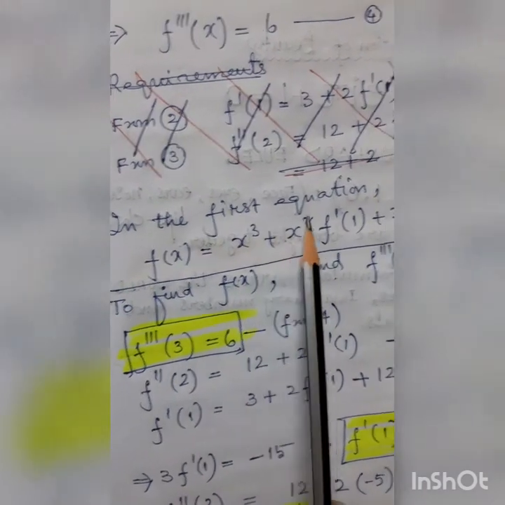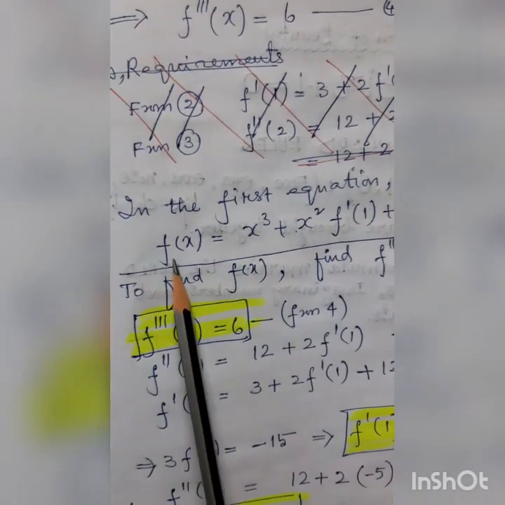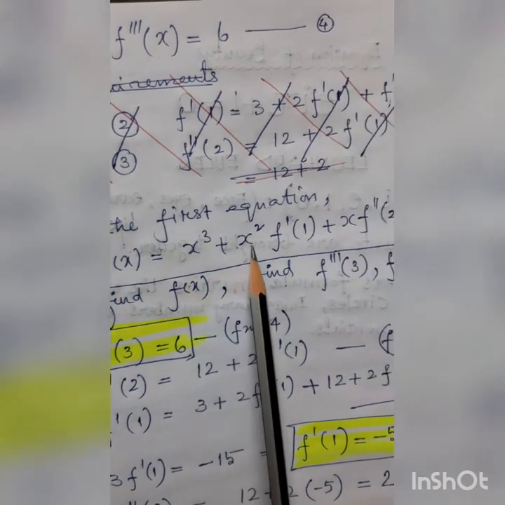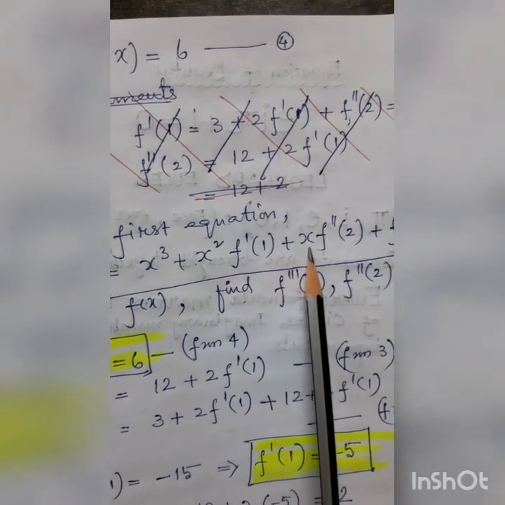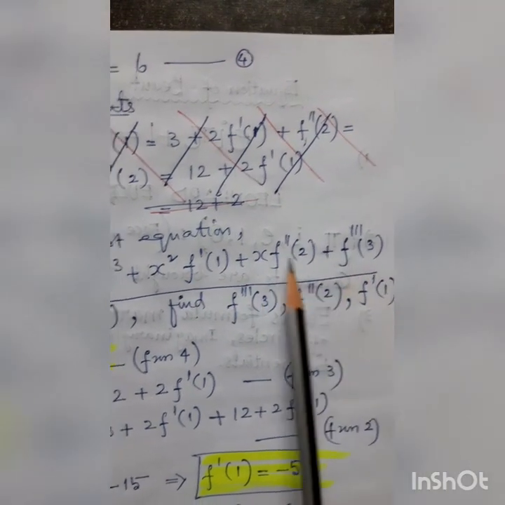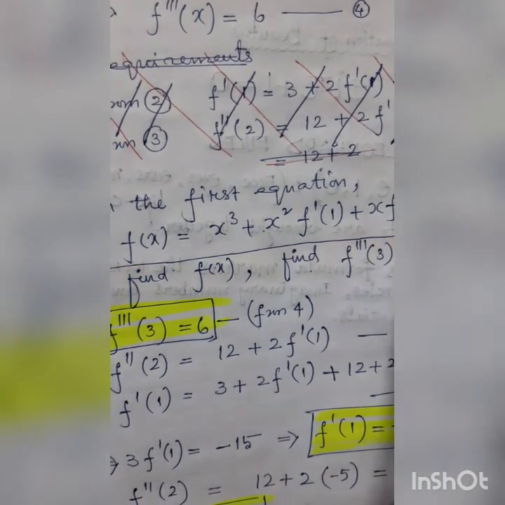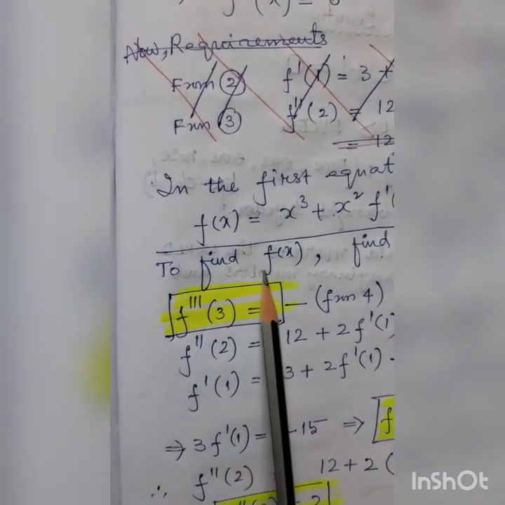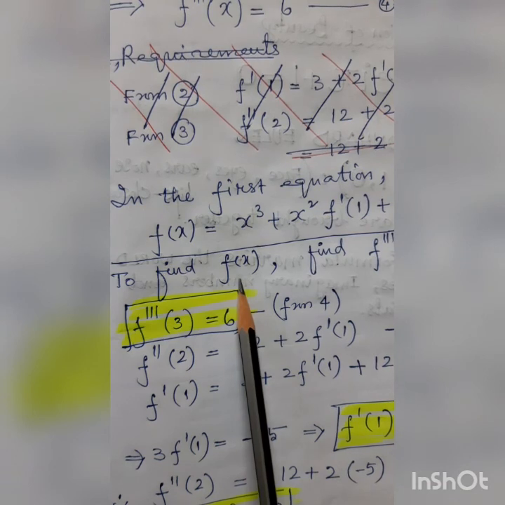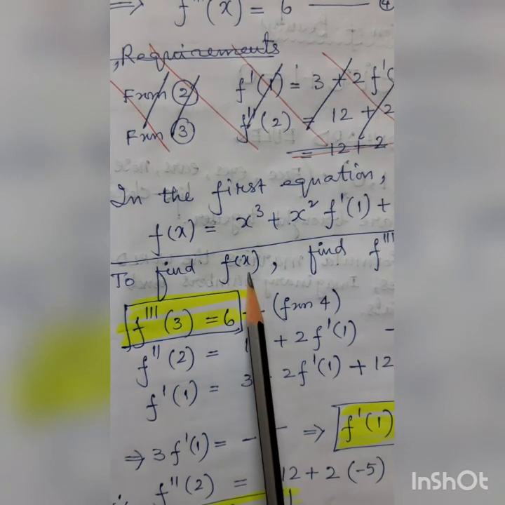What is the first equation given in the question? f of x equals x cube plus x square f dash 1 plus x f double dash 2 plus f triple dash 3. To find f of 2, first we have to find f of x.